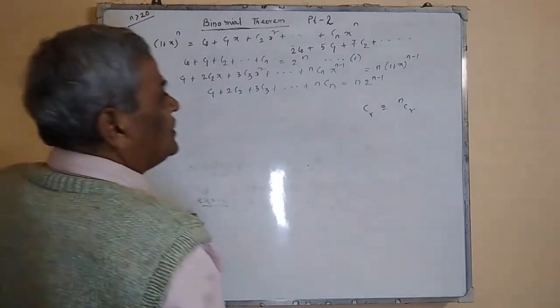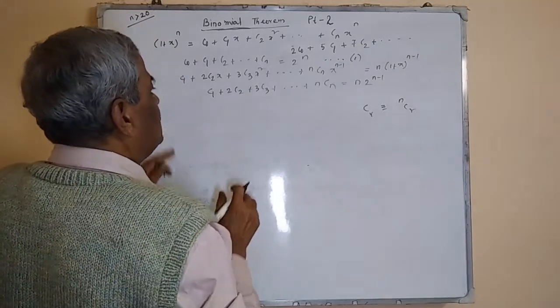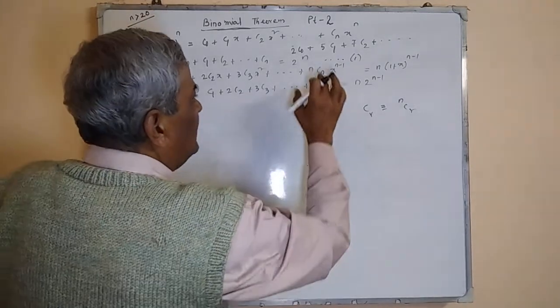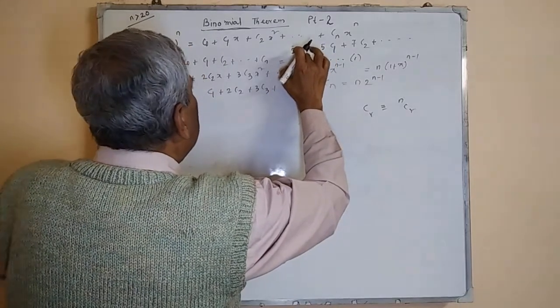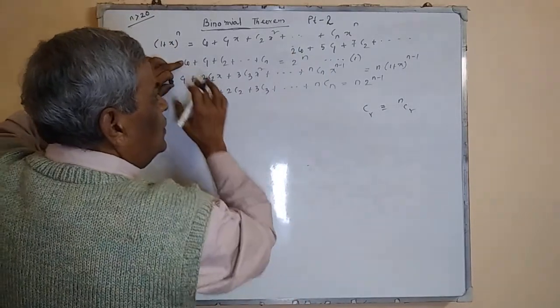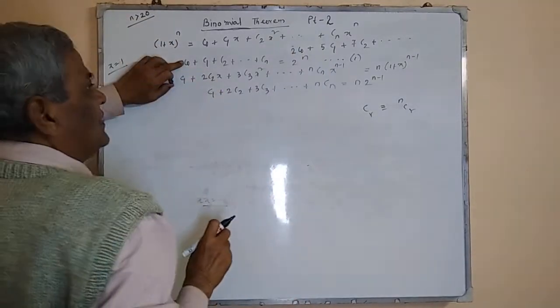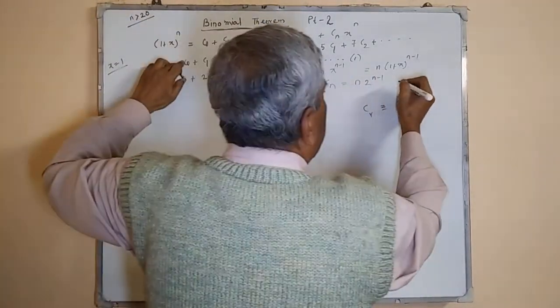So we have to find the result of how much? What is the result? 2C0, 5. Now let it be 2.